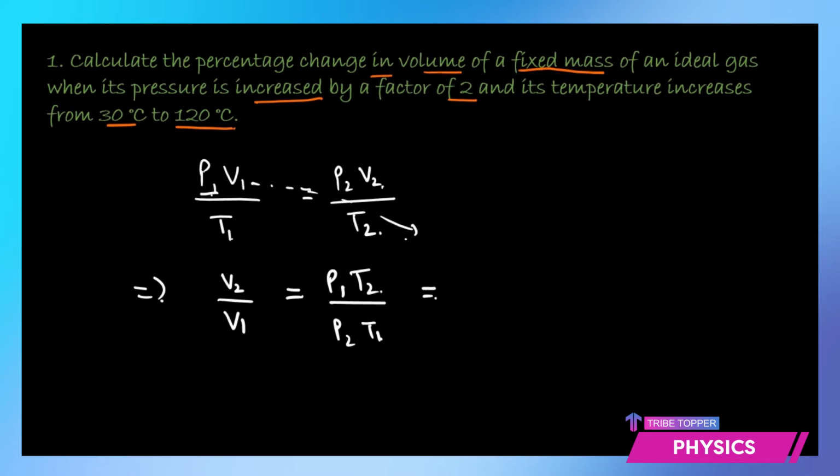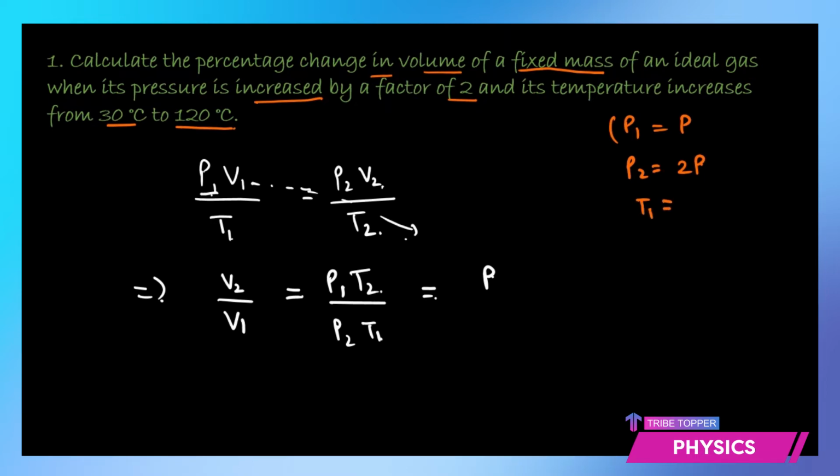The pressure P1 is P, and the new pressure P2 is twice of P because they say it increases by a factor of 2. And the temperature T1 is 30 degrees Celsius.